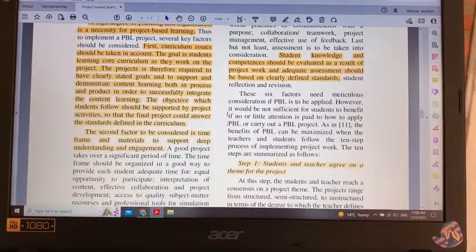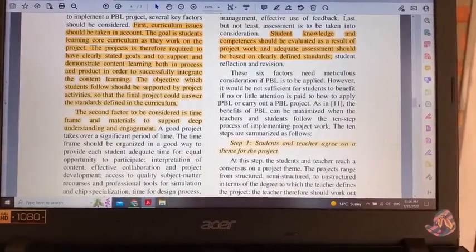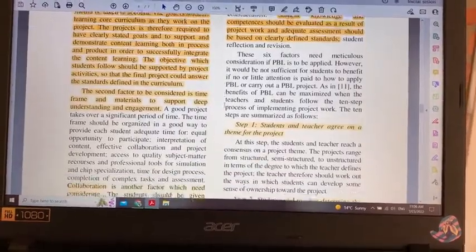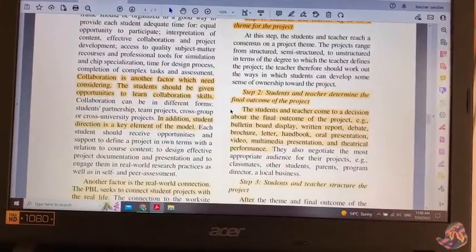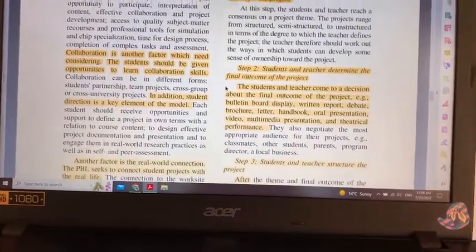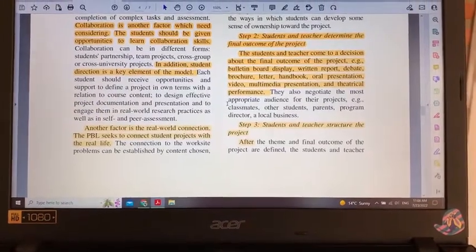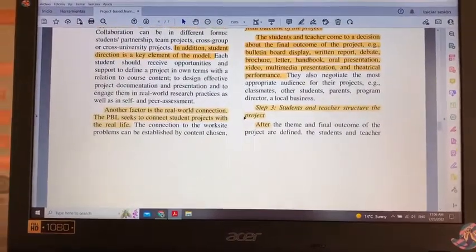Number 1 is that students and teachers should agree on the main theme for the project. Then the students and the teachers should also determine the final outcome of the project, and then they should move on to structuring the project.